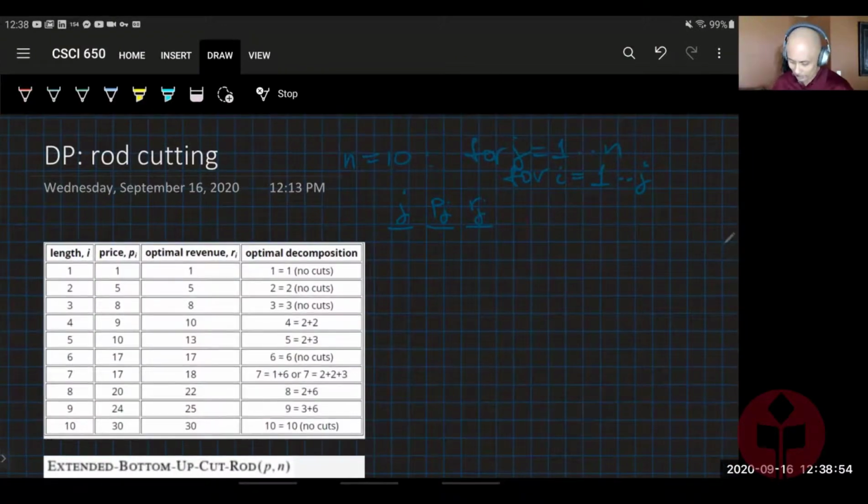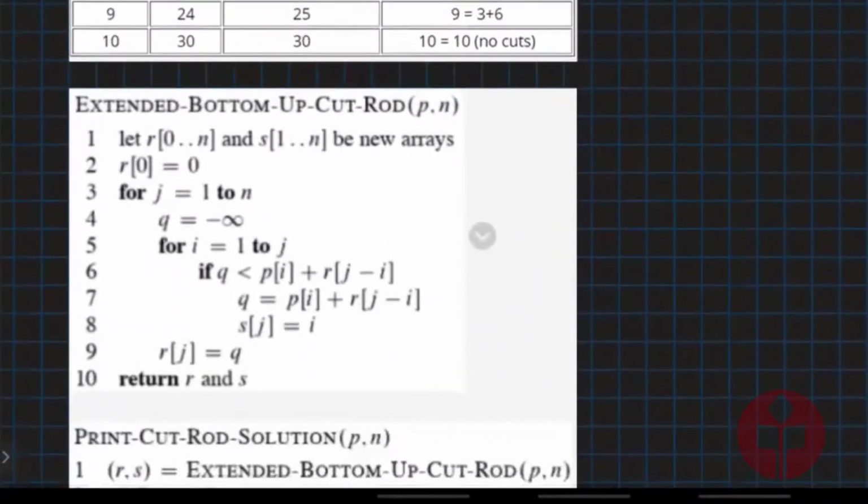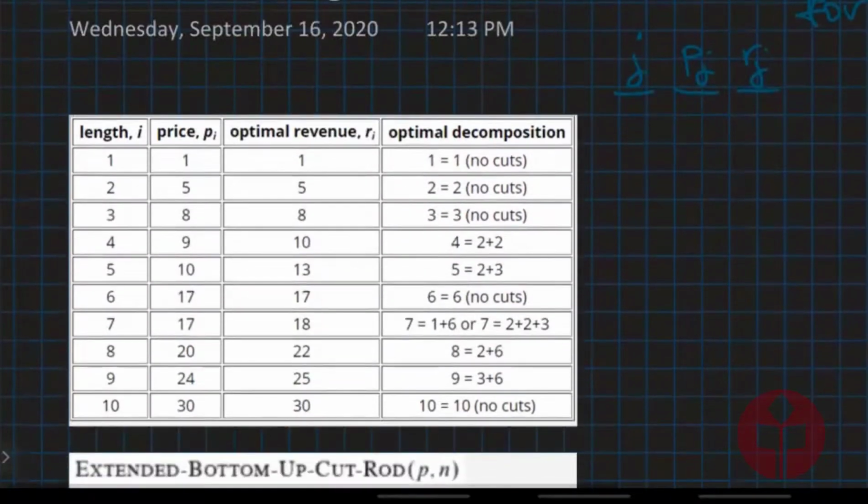So in the algorithm as given in the text, you will notice that the R table is indexed from 0 to n, and the S table is indexed from 1 to n. So we're going to go ahead and indicate that on our table. So that means our j values, we might as well start them off at 0.